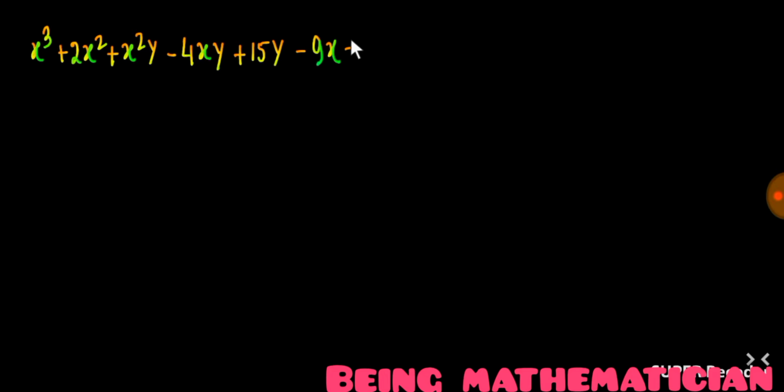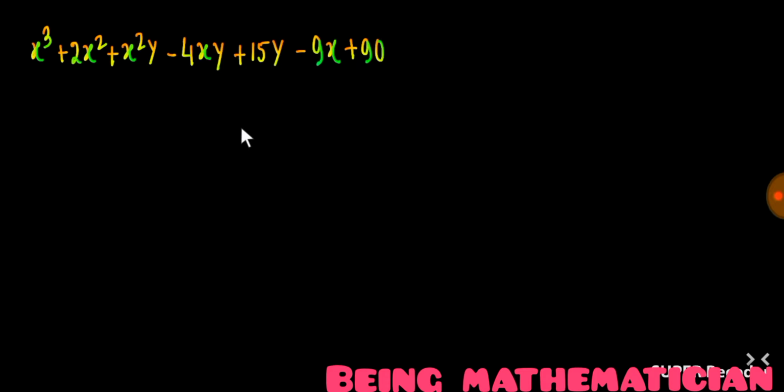So the expression is x cube plus 2x square plus x square y minus 4xy plus 15y minus 9x plus 90. So it is a grouping factorization and it also contains a zero factorization term.